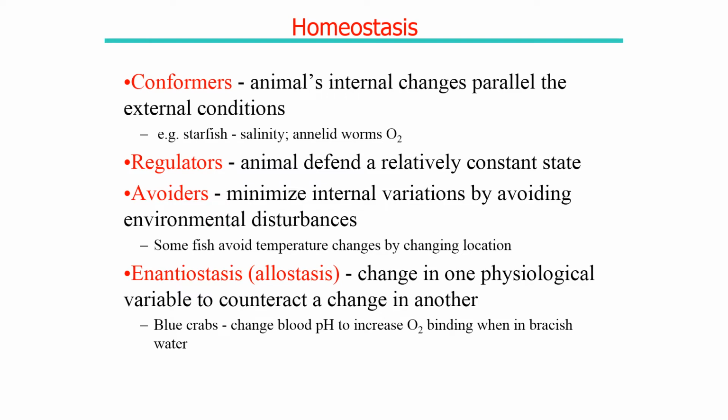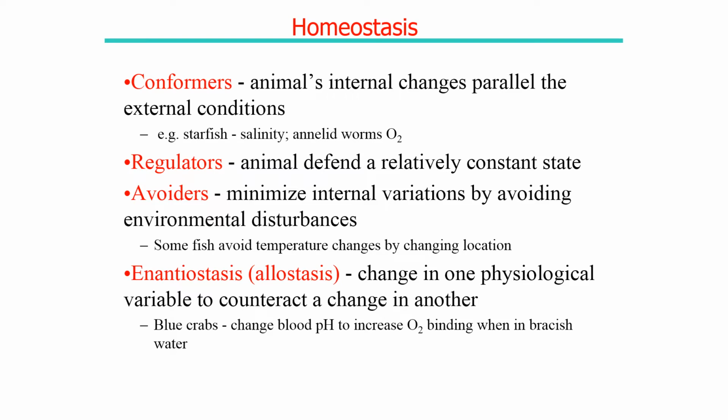So the internal environment is not stable, it is not fixed, it will change with external environment. Why do conformers conform to the external environment? Because their structures are not specialized. They can work in a broader range of the factors of the environment.